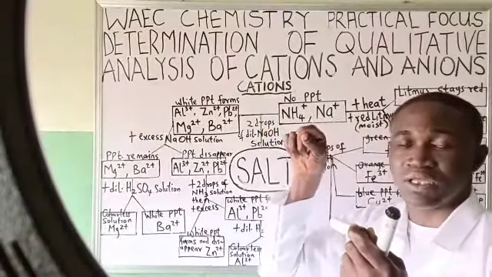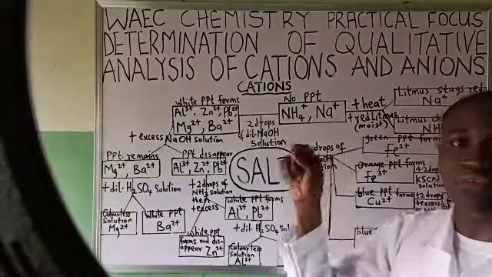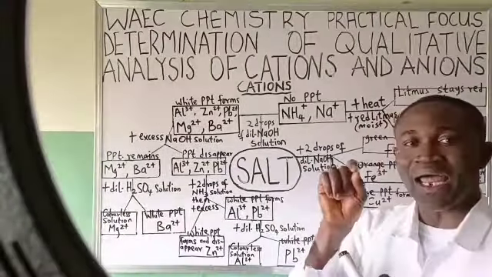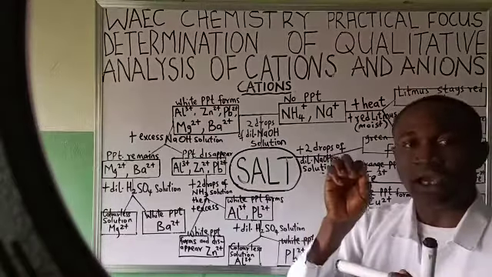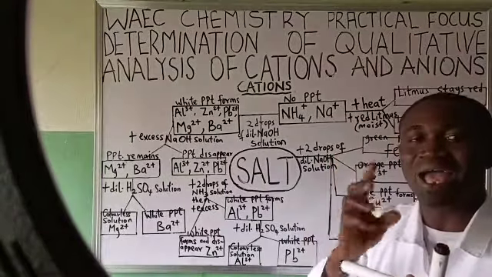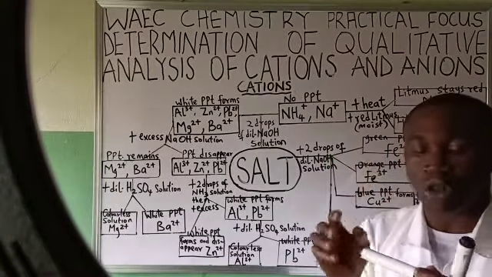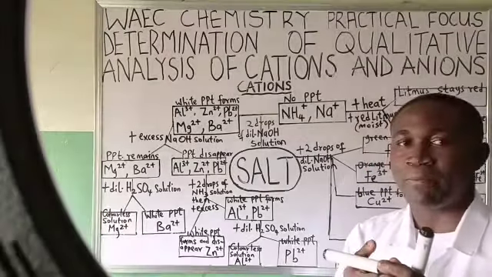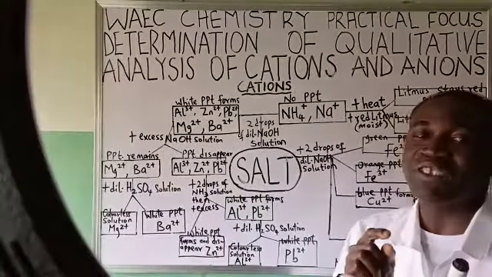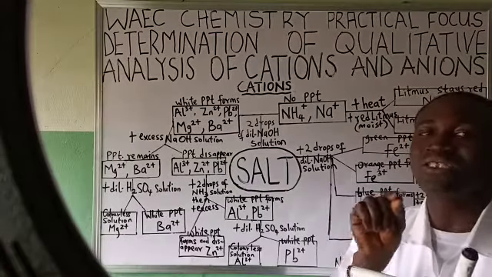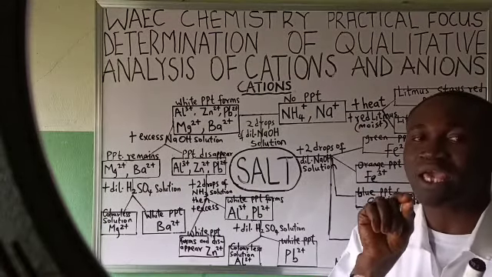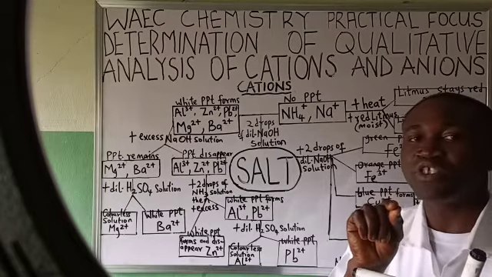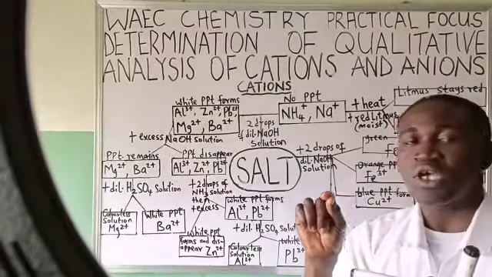Now under the inference, under the color, when you check it and it has two colors, maybe green and blue or green and brown, it means that you will note that salt A contains a mixture of colored salt.